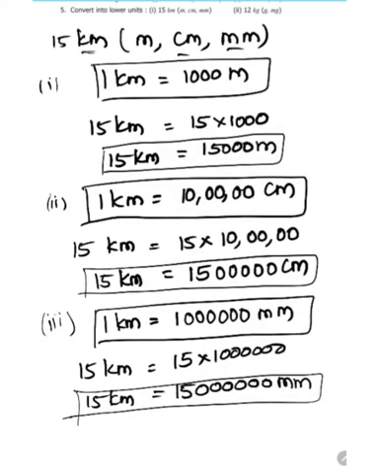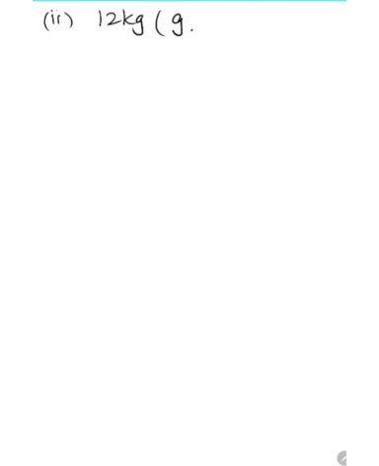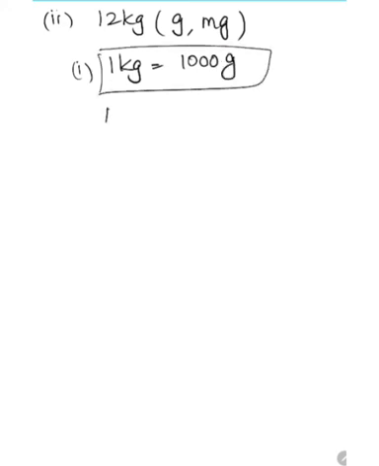Okay. So the next one is 12 kilogram. Second one is 12 kilogram, change it as gram and milligram. 1 kilogram is equal to 1000 gram. So 12 kilogram is equal to 12 into 1000, so 12,000 gram.